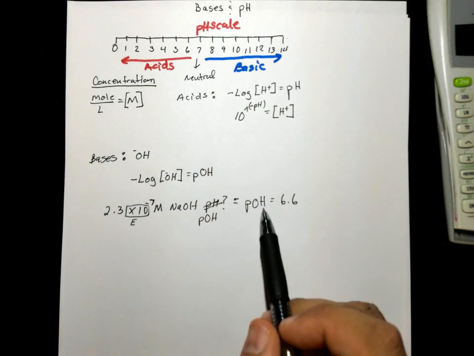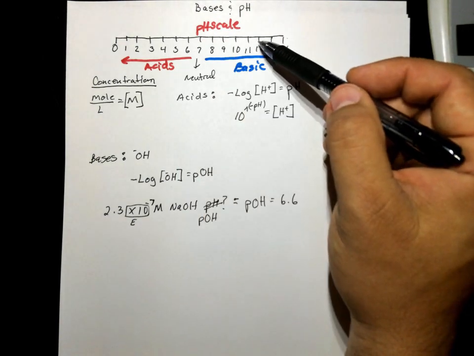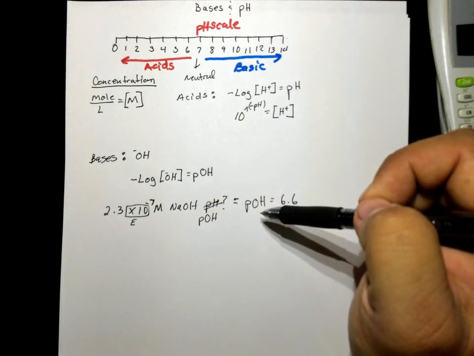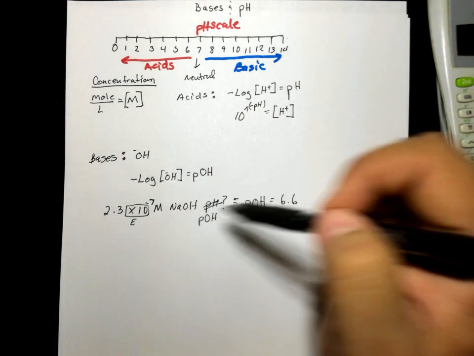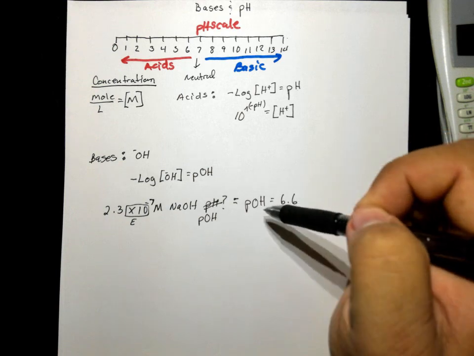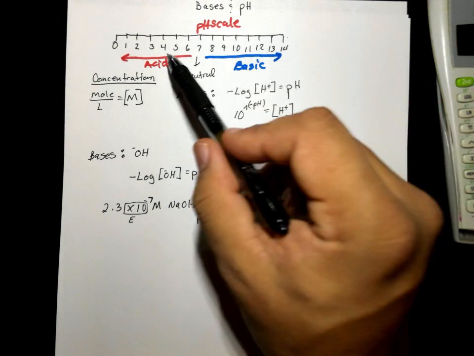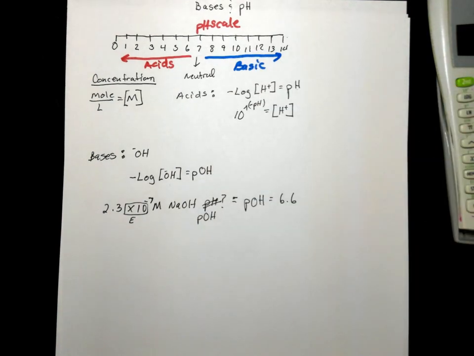We have pOH, this is the pH scale, so the pH scale will not work for pOH. We'll talk about the conversion later, but for today we're just going to work on calculating pOHs. But just know, you cannot use pOH on the pH scale. It won't work. So now we have our pOH.